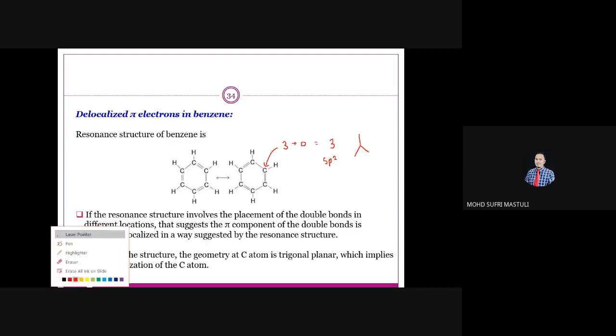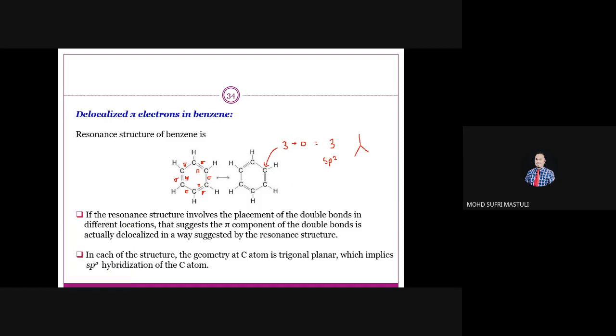The 6 localized carbon-carbon bonds are this one, because this is a sigma, this is a pi. This is a sigma, this is a pi. This is sigma, this is sigma, sorry, this is pi. Okay, this is pi, sigma and pi.